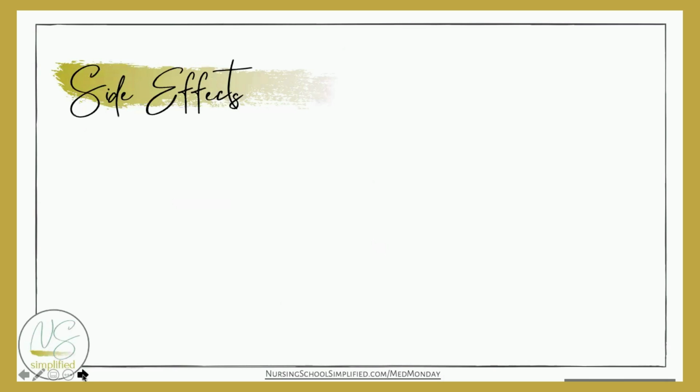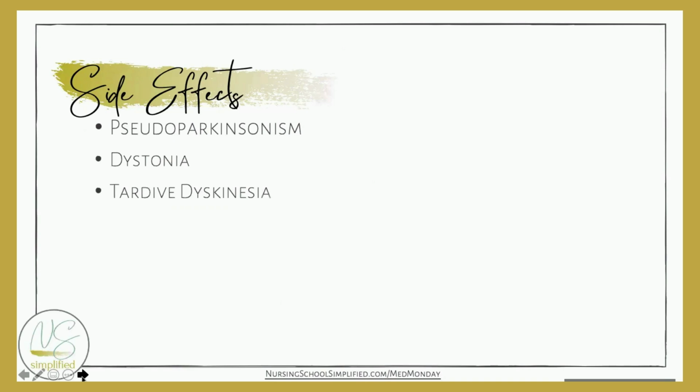So side effects, and remember these are non-life-threatening, and they include pseudoparkinson's, dystonia, tardive dyskinesia, and that is like bizarre movements of the jaw, the mouth, the tongue, and the extremities.